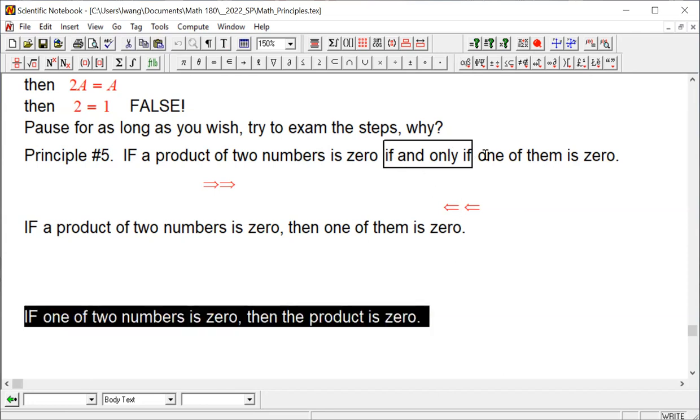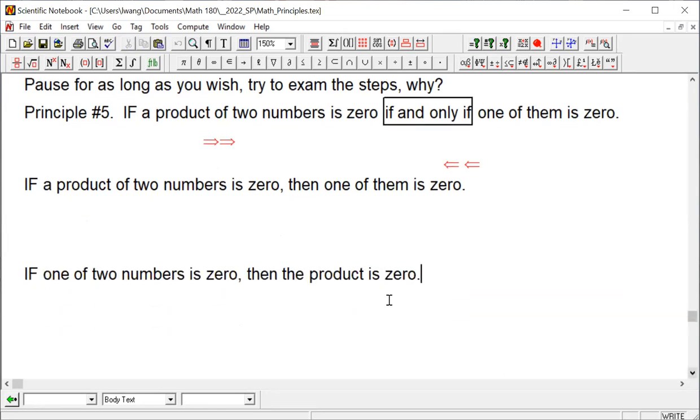So when we have if and only if, it's like a two-way street. You can go from if left, then right, or if right, then left. Now, if a product of two numbers is 0, then one of them is 0.